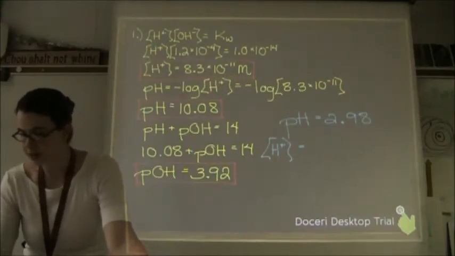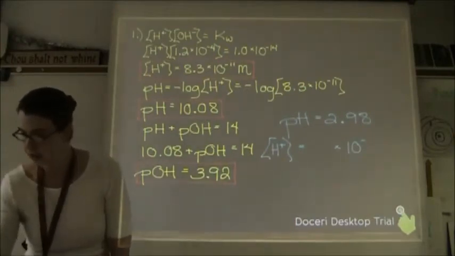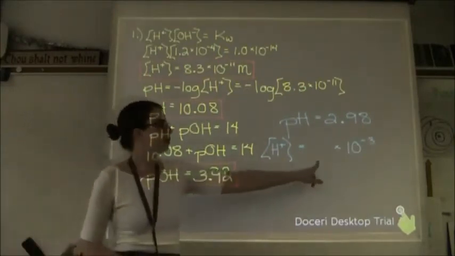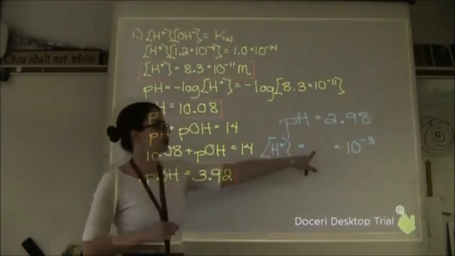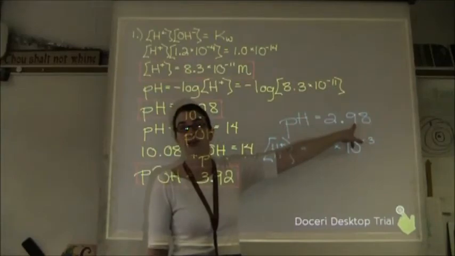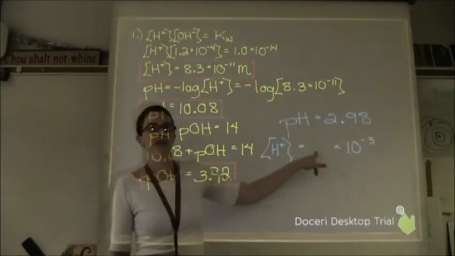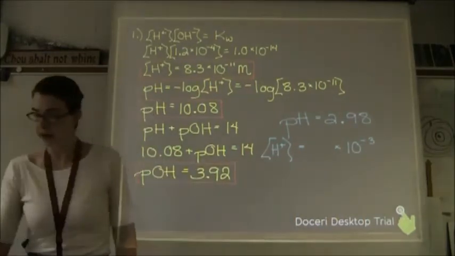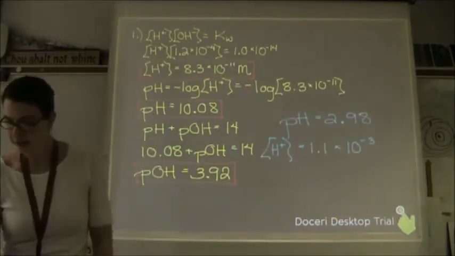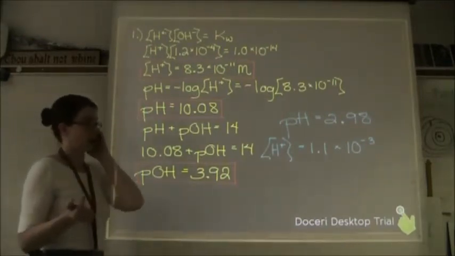This would be something times 10 to the negative what? Third. Now, whatever this number is, it's going to cause it to be a little bit less than 3, just barely less than 3. What kind of a number would I expect here? Like 1.1? Yeah. That is a good estimating technique right there.